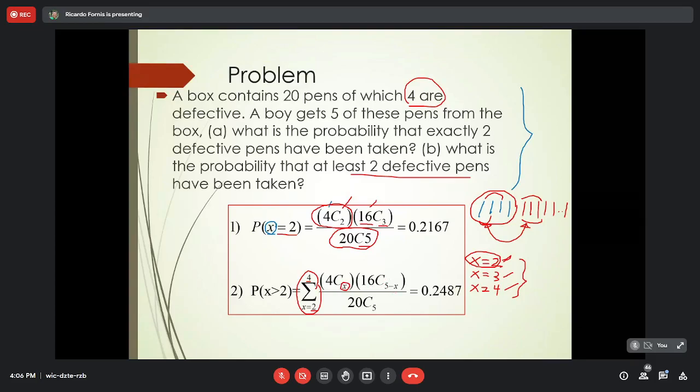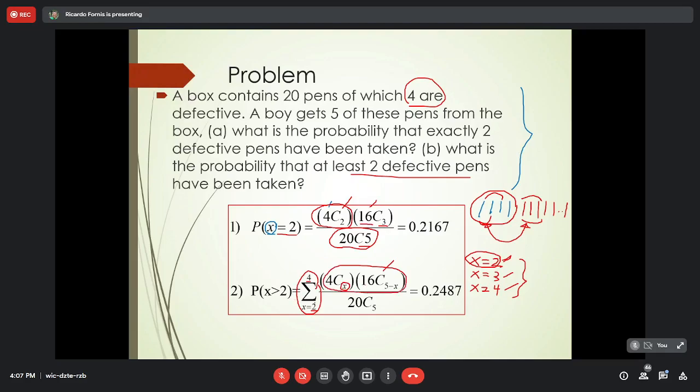So if x is 2, then you need 3 more pens from the non-defective group. If x is 3, then you need 2 more from the non-defective. And when x is 4, you need only 1 from the non-defective. So this is how to do it in the numerator.